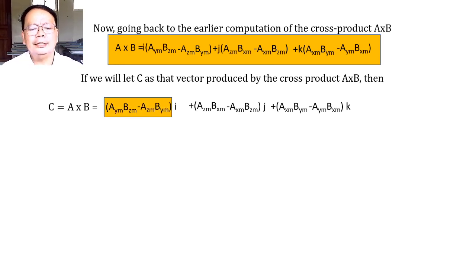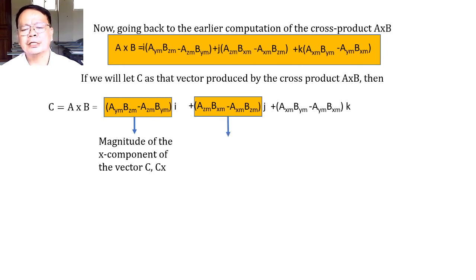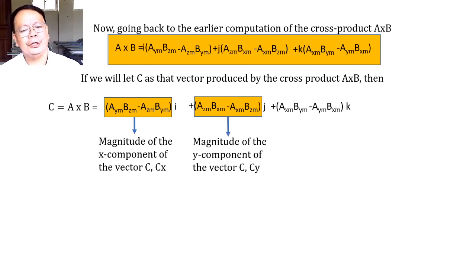So this term will represent the magnitude of the x component of the vector C, and this can be substituted with C sub x. While this represents the magnitude of the y component of the vector C, and this can be substituted with C sub y.